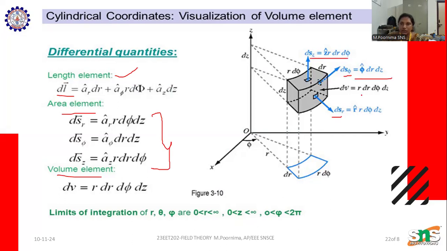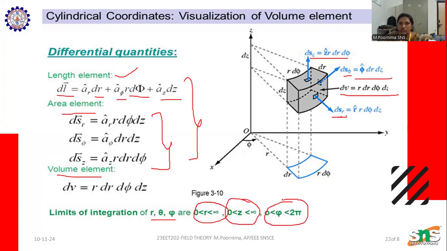The total differential length is a r vector times dr plus a phi vector times r d phi plus a z vector times dz. So this is the differential length, differential area, and differential volume. The limits of integration are r from 0 to infinity, z from 0 to infinity, and phi from 0 to 2 pi.